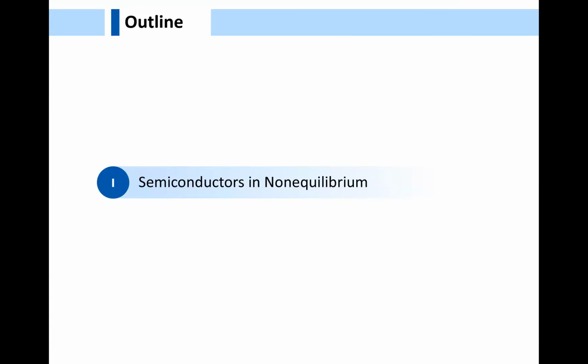In this class, we will discuss the continuity equation that integrates the generation and recombination of excess carriers and their spatial and temporal distribution.